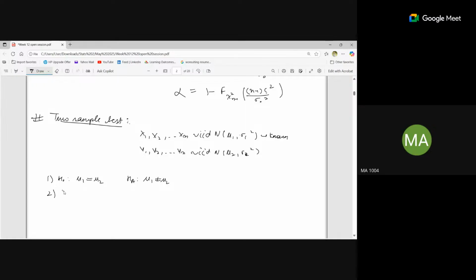Now here, what will be my test statistic? The test statistic would be T equals Y bar minus X bar. And I would be rejecting H naught if mod of T is greater than some critical value.